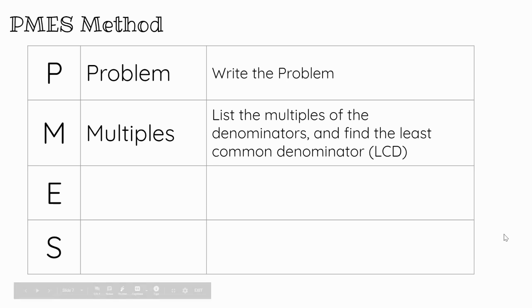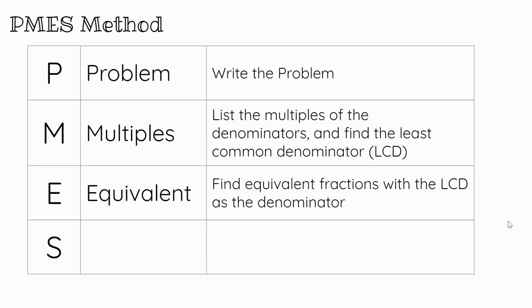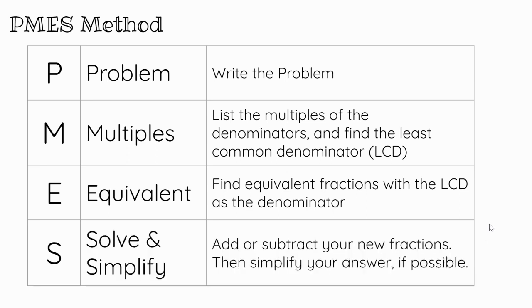That means the multiple that your two fractions have in common. The E stands for equivalent, and that means you're going to find equivalent fractions using the LCD, or least common denominator, as your denominator. The S stands for solve and simplify. That just means you're going to add or subtract your new fractions and then simplify your answer if possible.